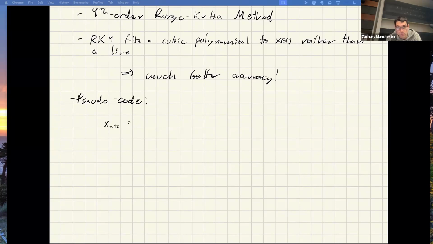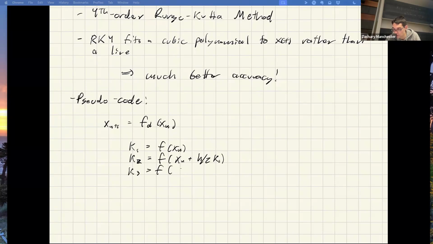So here's x k plus 1 equals f sub d of x k. The way this works, and I'll show you the code in a sec, you're going to evaluate f of x. You're then going to evaluate f again at the halfway point by taking an Euler step. Then you're going to do it again with another half Euler step.